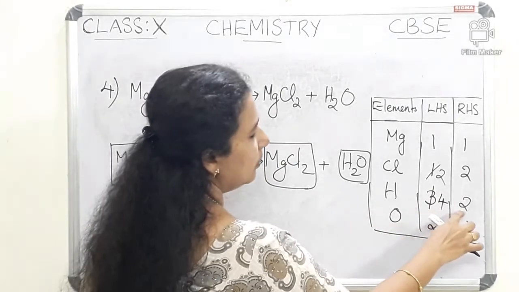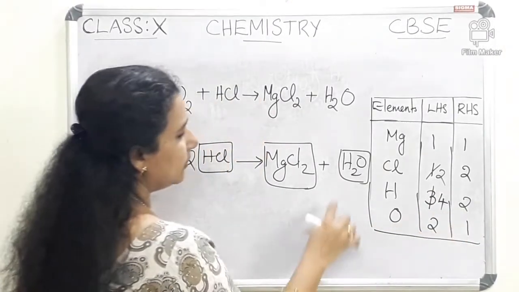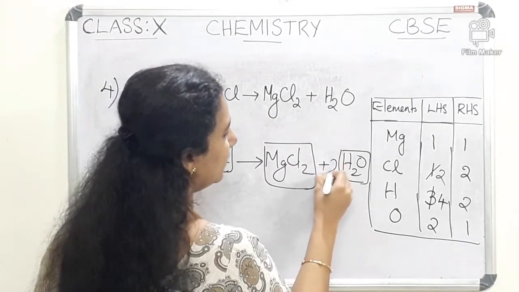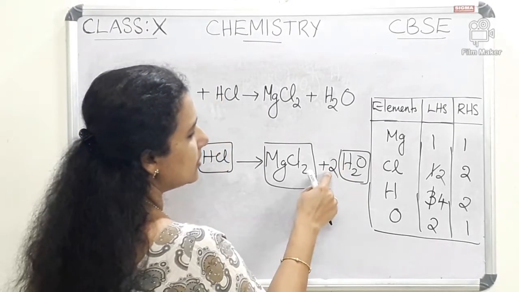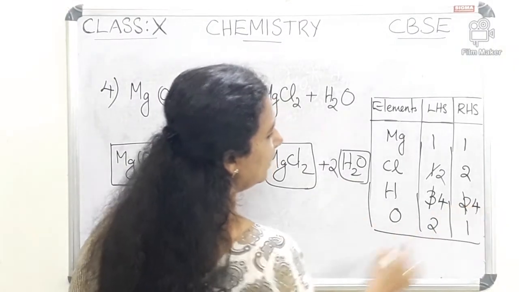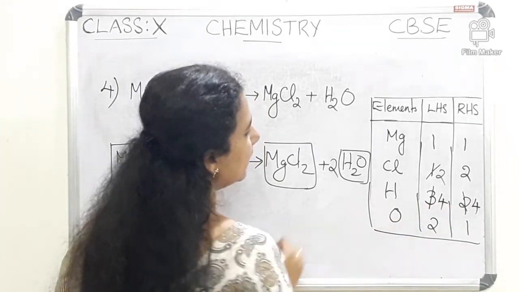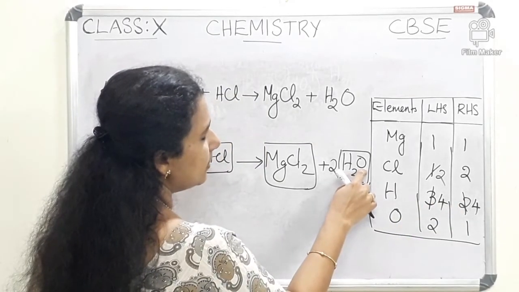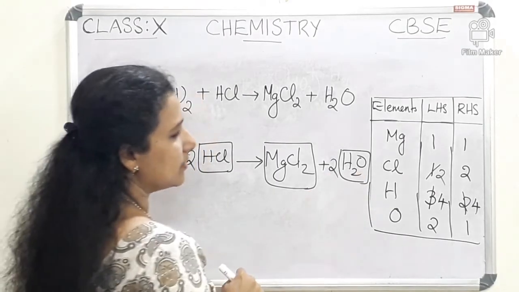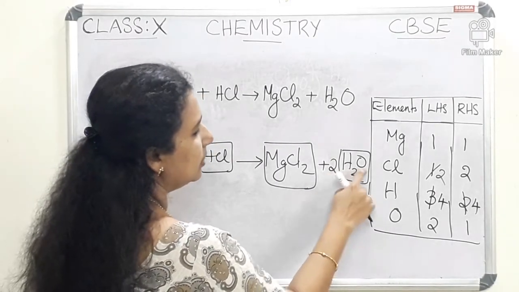So we need to change the RHS also. For changing RHS, we have to add the coefficient here. If you are adding 2 as a coefficient, this 2 into 2 becomes 4. So hydrogen atoms are equal. But there is a change in oxygen atom. That is, this 2 is applicable to this oxygen also. Now there are 2 oxygen atoms.